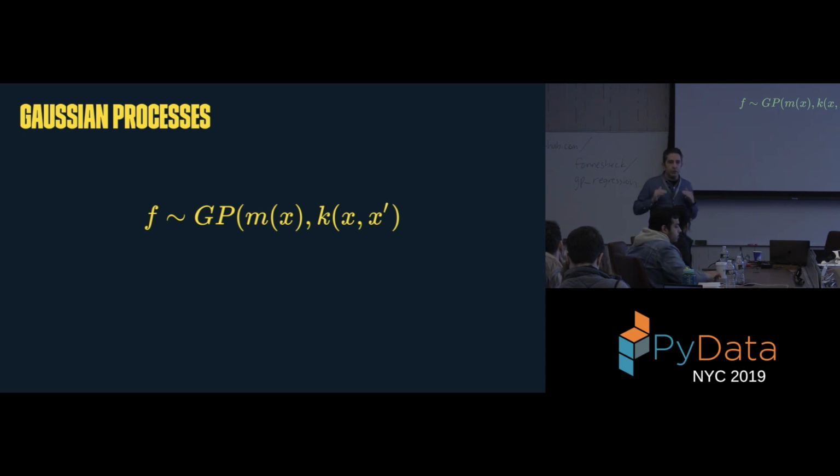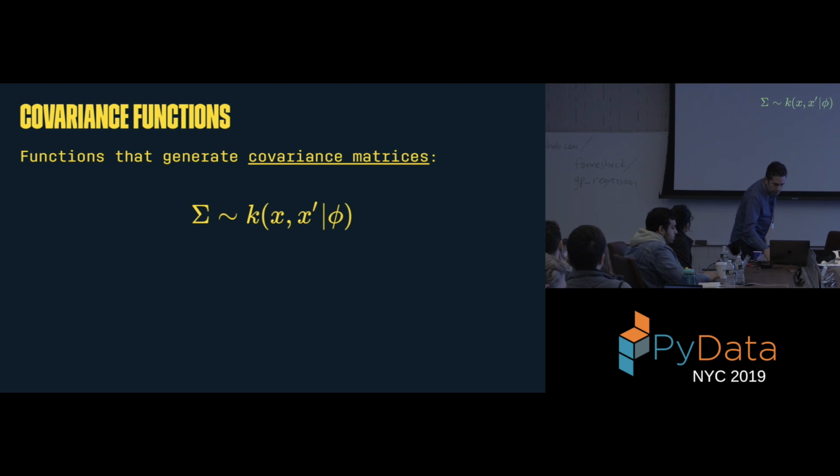We're going to model the function directly, not its parameters. And in particular, the realization of a covariance function is a covariance matrix. So you pass the function a certain number of values, and it returns the covariance matrix corresponding to those values.